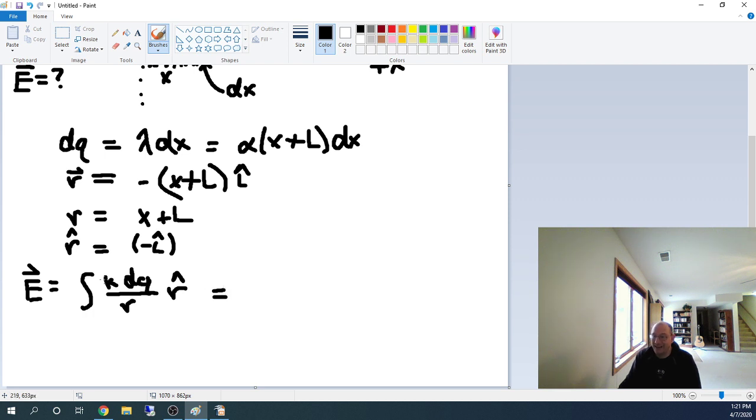Okay, so in this case, k is going to be a constant. It can come out of the integral, so I'm going to pull it out of the integral. And I'm going to make my integral sign nice and big here.